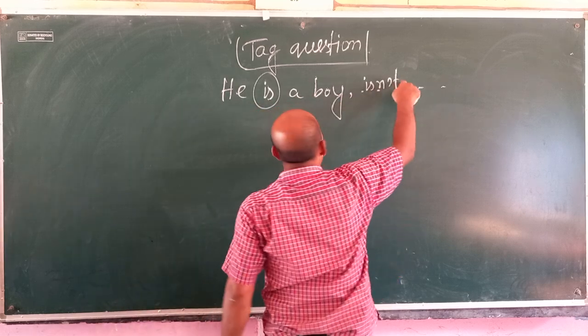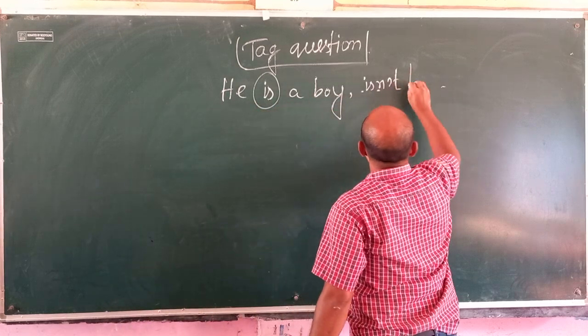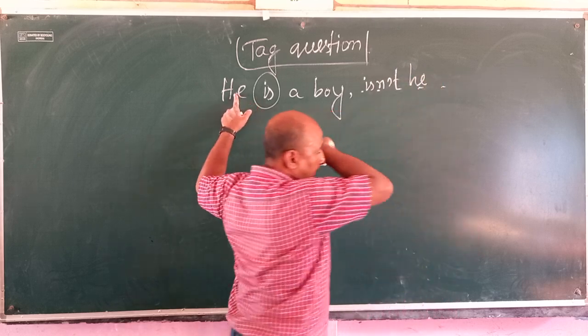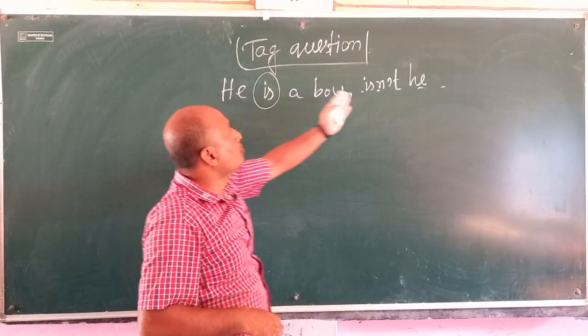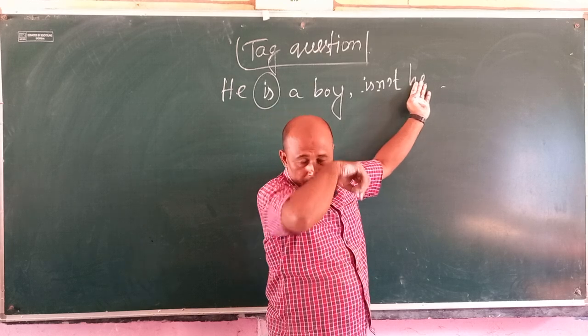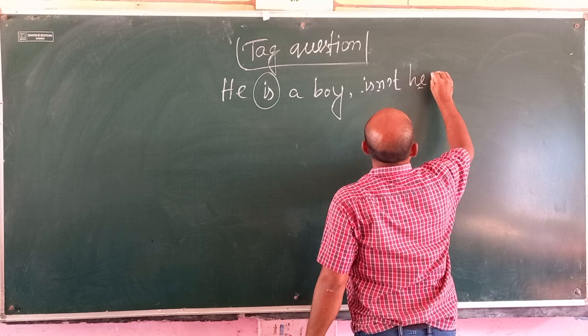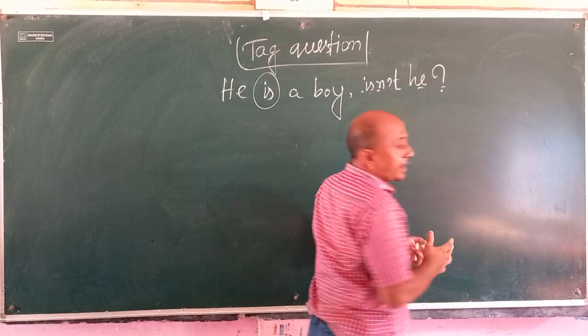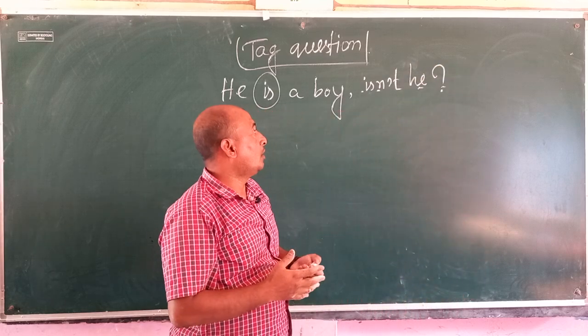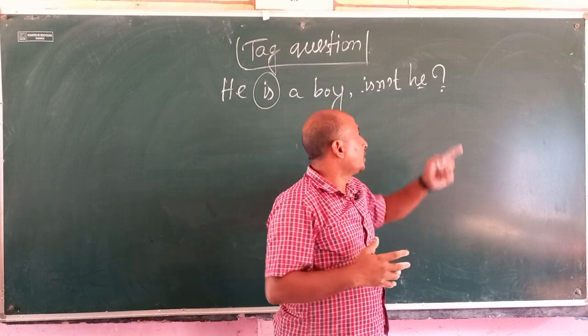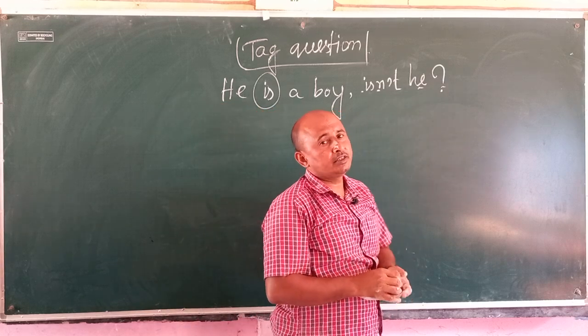At the last of the sentence you will write the pronoun form of the subject. You must write the pronoun form of the subject, and after that you will add a question mark or interrogative sign at the last of the sentence.